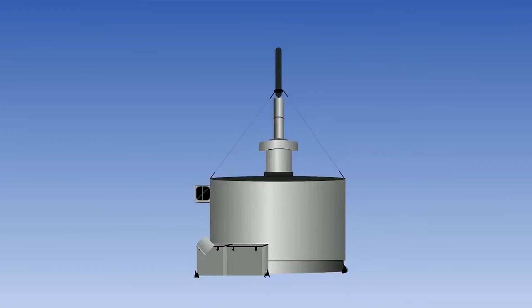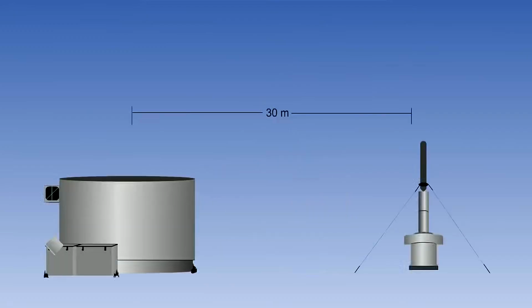The term associated is used to denote that the equipment is either collocated or close enough to make no significant difference. For a terminal VOR, this is defined as a maximum of 30 meters. For an en route VOR, the maximum is 600 meters.